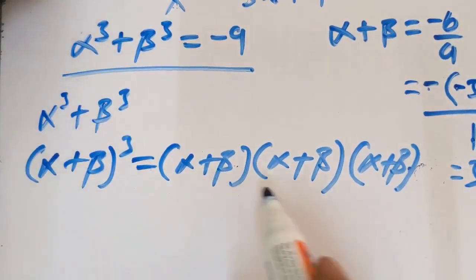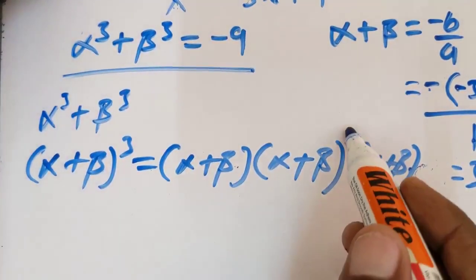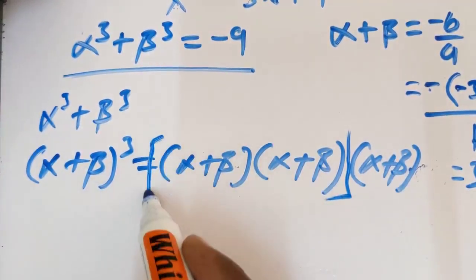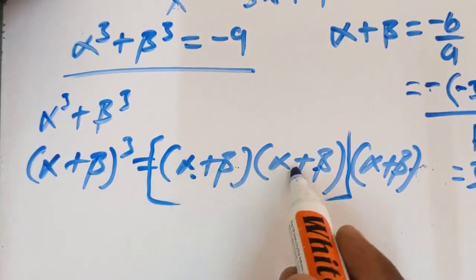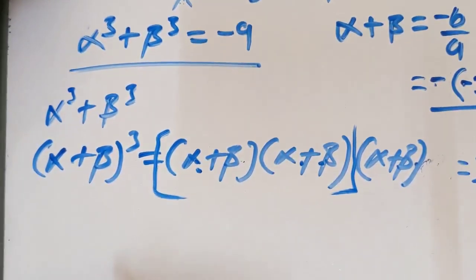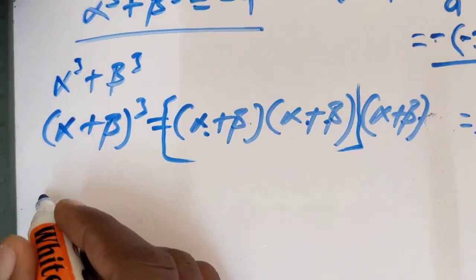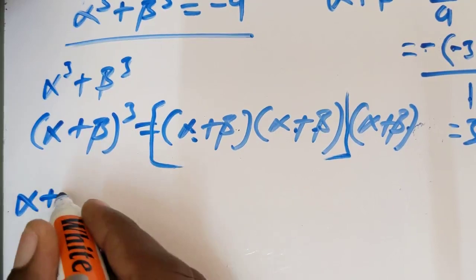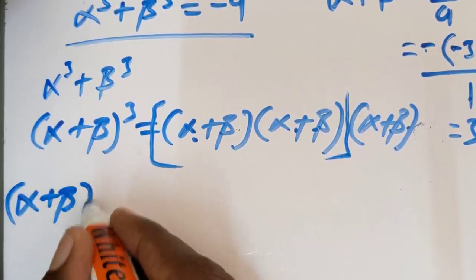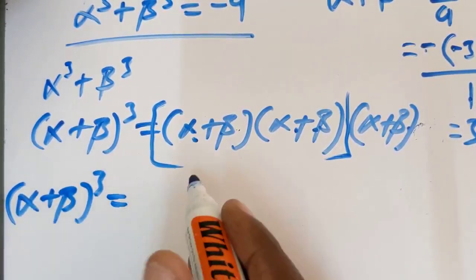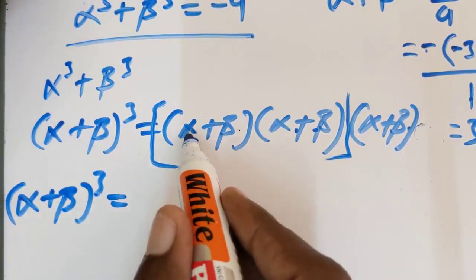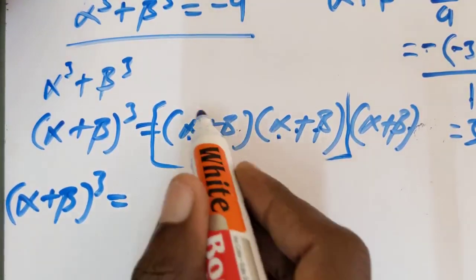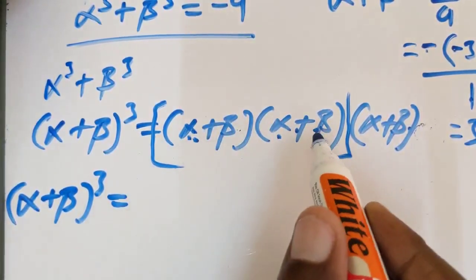So let's try to expand this. We can start from here. We expand these first two, but we don't forget this third one, so you need to write it: alpha plus beta to the power 3. So when expanding these two, you say alpha times alpha, you multiply by everything in there.